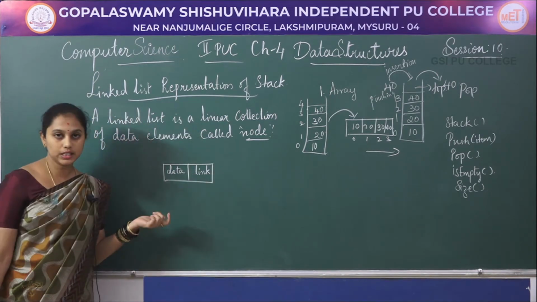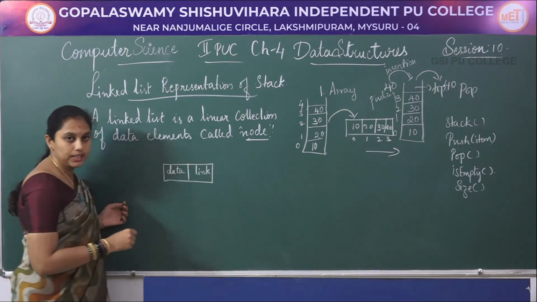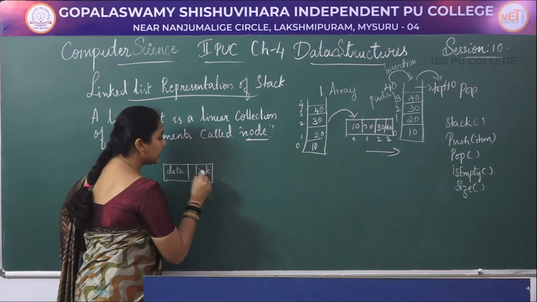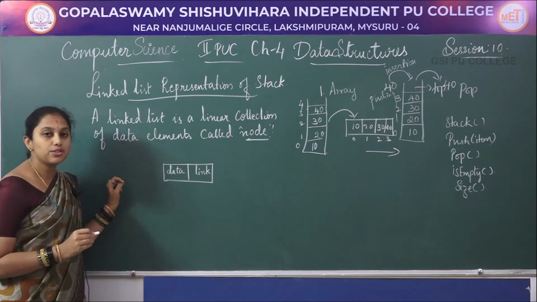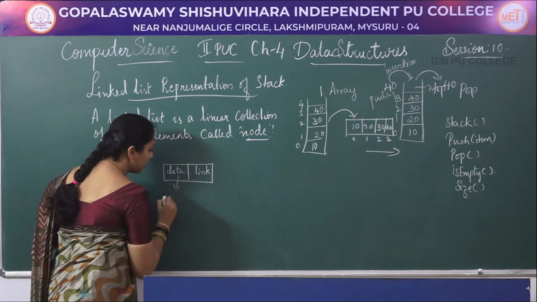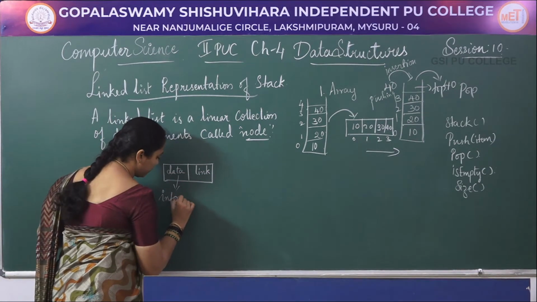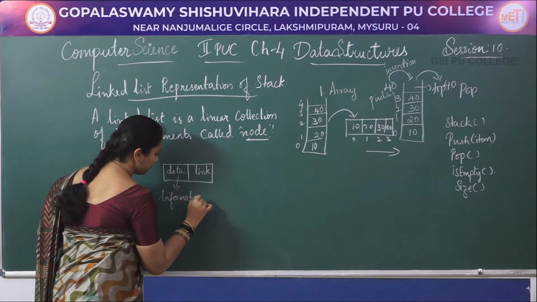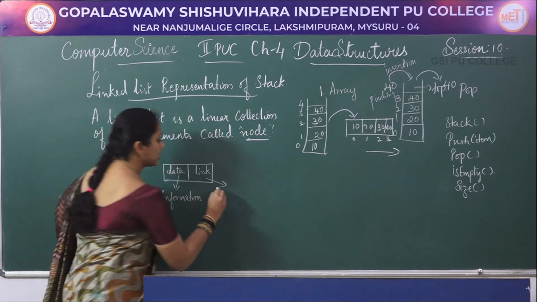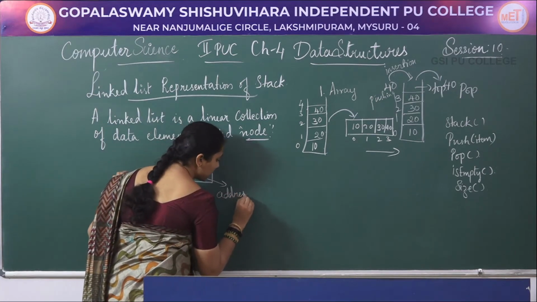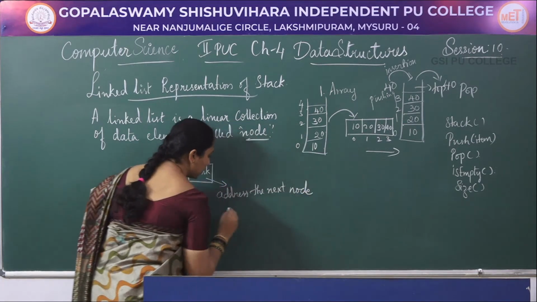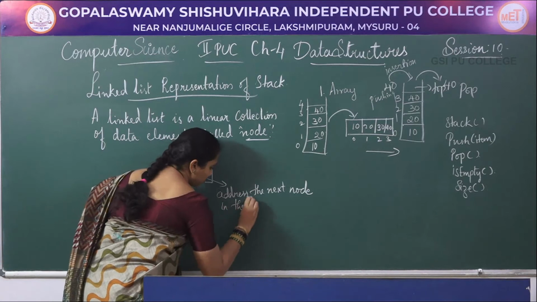Data part and link part. This data part contains the information of the data, and the link part contains the address of the next node in the list.